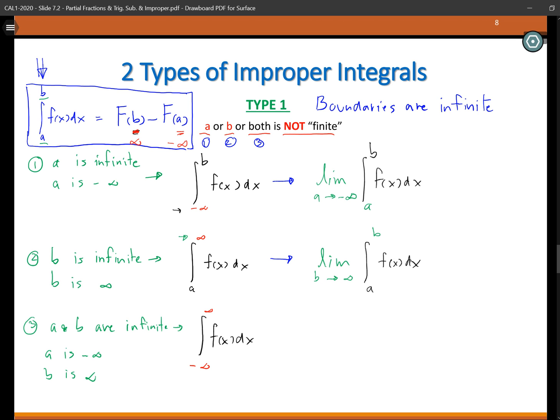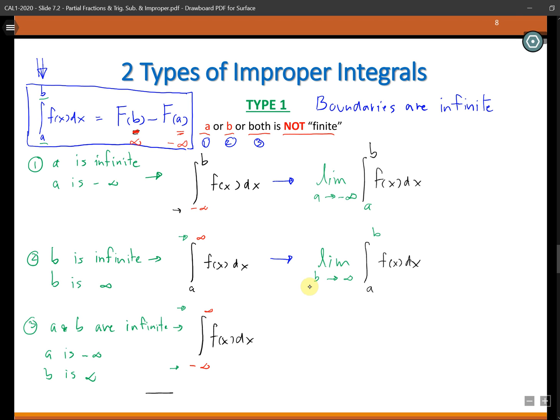Okay, now for the last scenario, we have two problems, one at the lower bound and another one at the upper bound. We cannot just use one limit to deal with both of them at the same time. So we have to do something first, and here's how. I want you to take a look here.